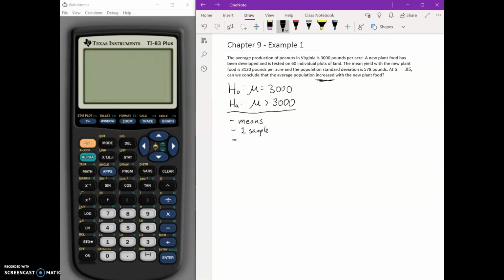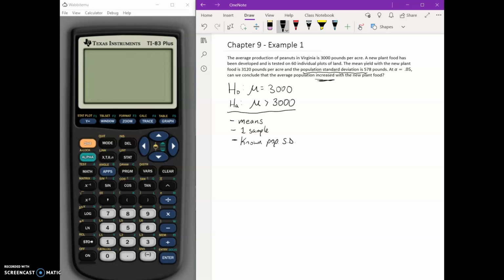Another thing that we notice here is that we know what the population standard deviation is. So we have a known population standard deviation. Now remember, when we did confidence intervals, we had a difference between if we knew the population standard deviation or we didn't know the population standard deviation. That same thing will be true with hypothesis testing, and that is going to lead to a very big difference.